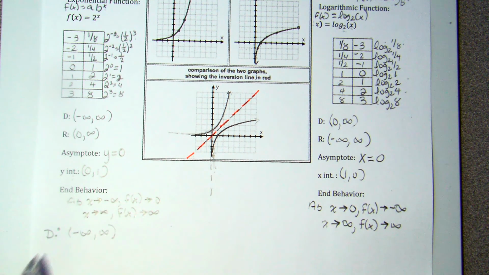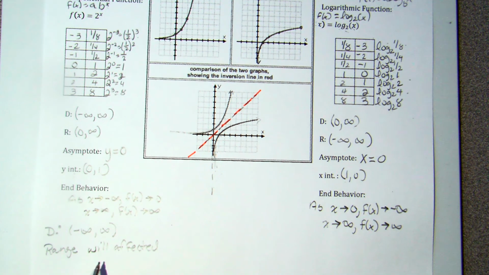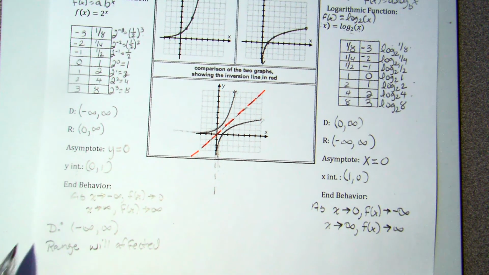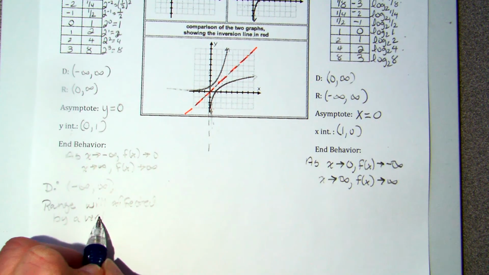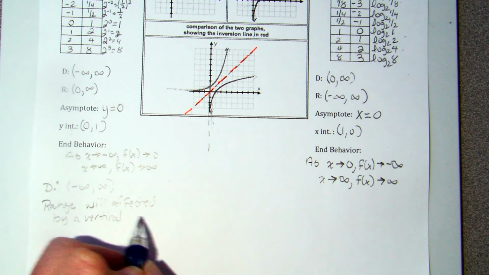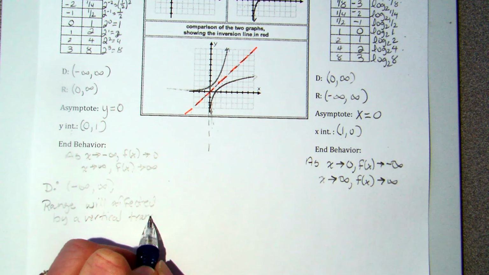The range can be affected if you have a translation. The range will be affected by a vertical translation or reflection.